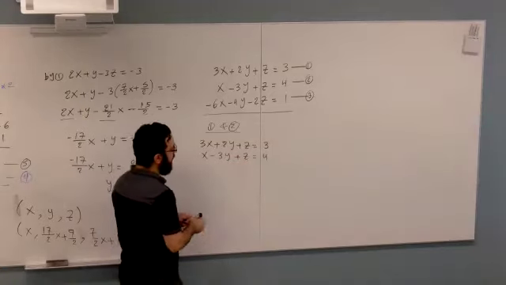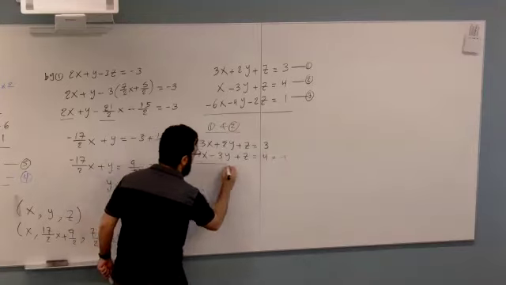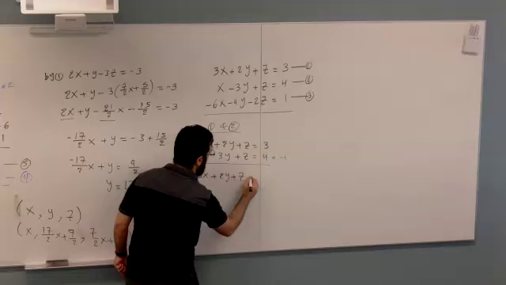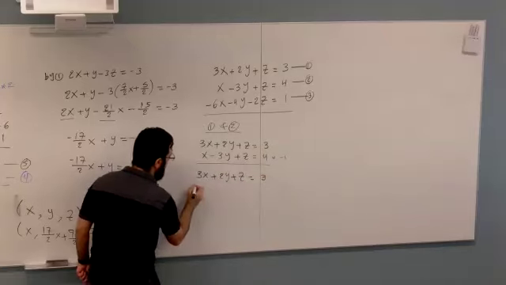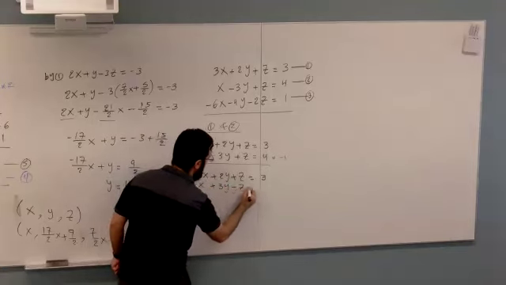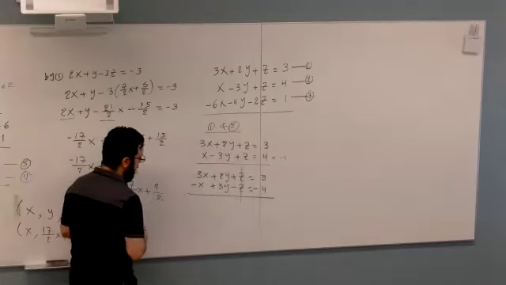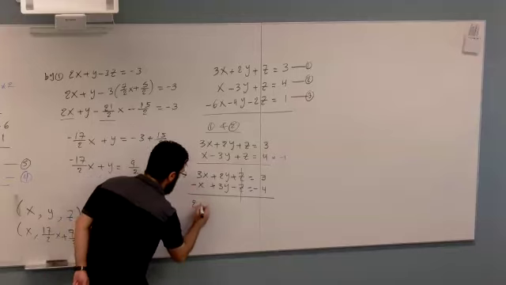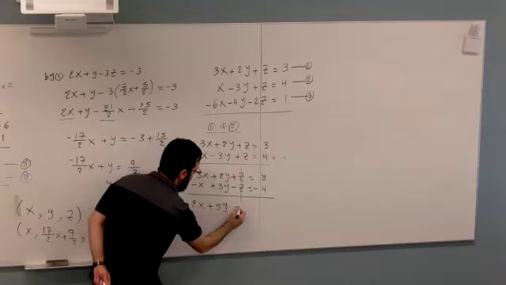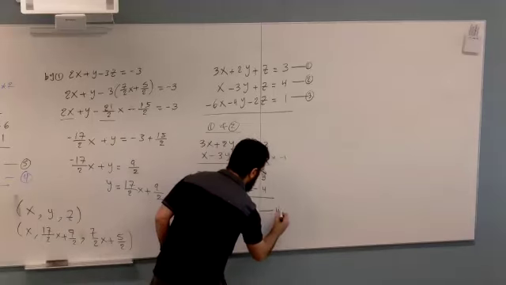So we're going to multiply number 2 by -1. 3x plus 2y plus z equals 3. The second one is negative x plus 3y minus z equals -4. Cancel the z, what's left? 3 minus 1, 2x. Combine these, so it'll be 5y. So equals what? -1. I'm going to name this one number 4.